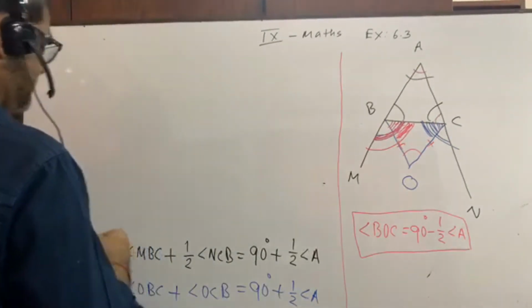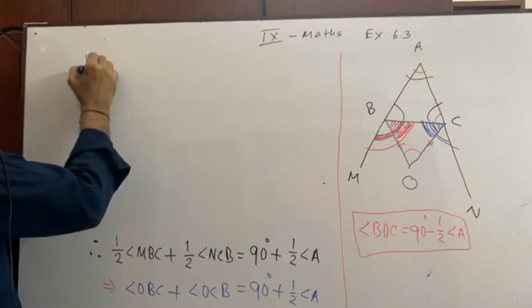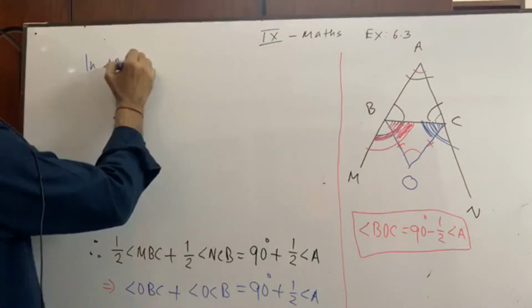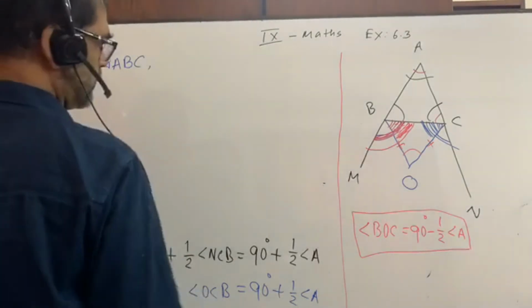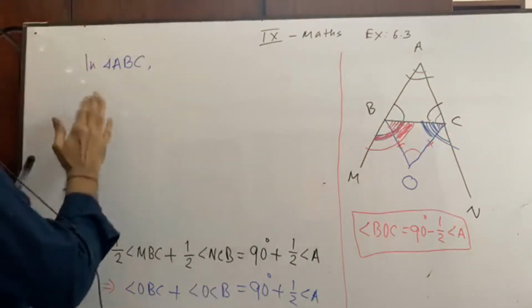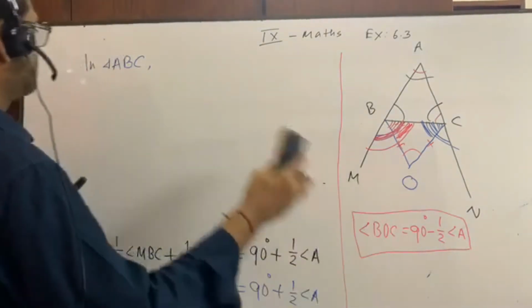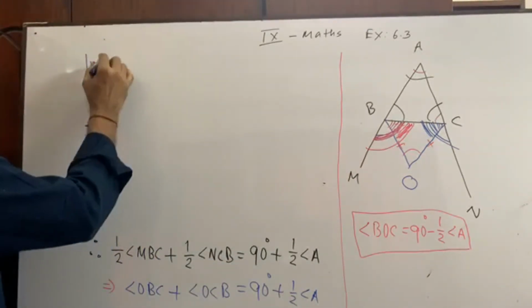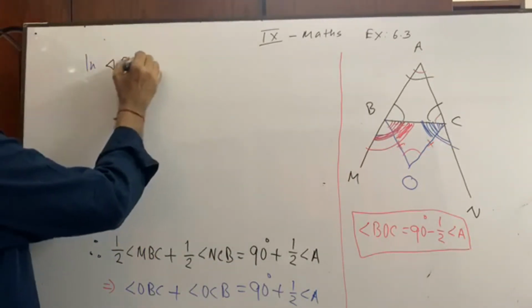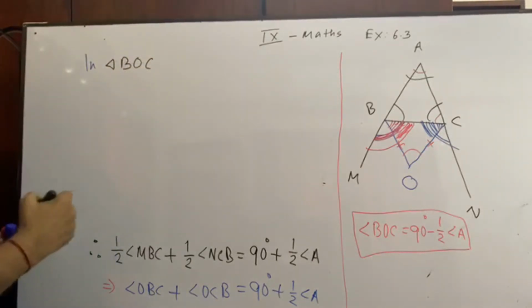Again, you write down in triangle BOC. I'm sorry, I'm not going to take ABC anymore. I will make it very easy.